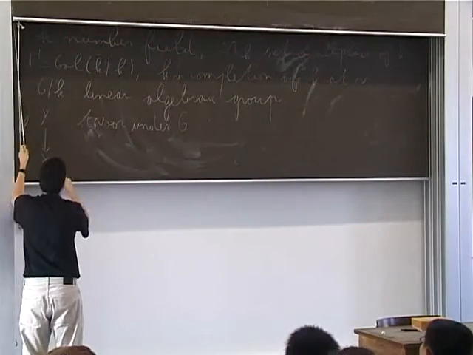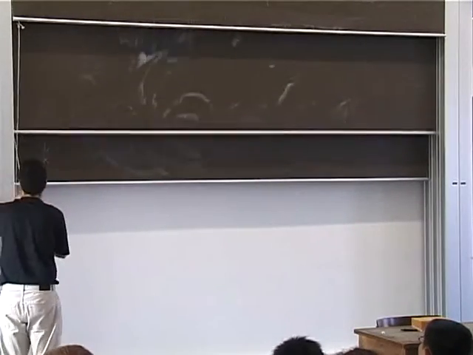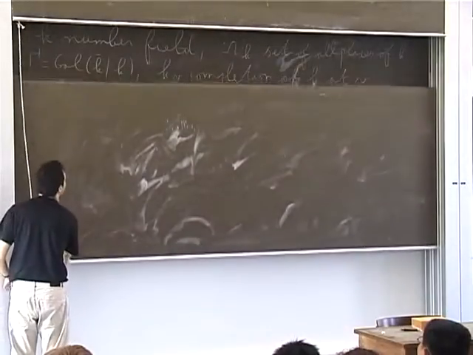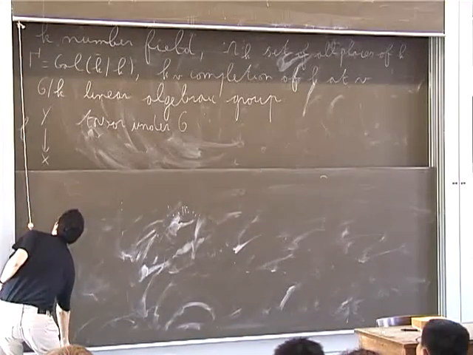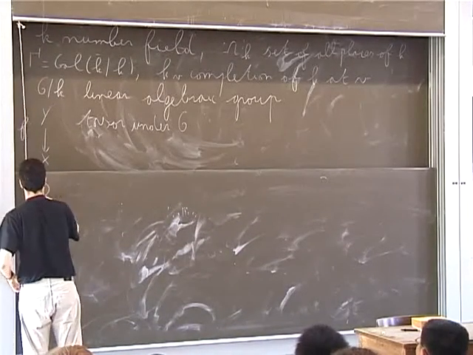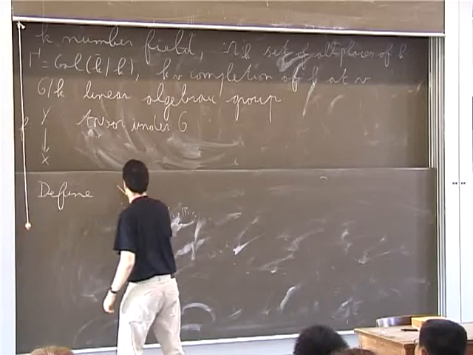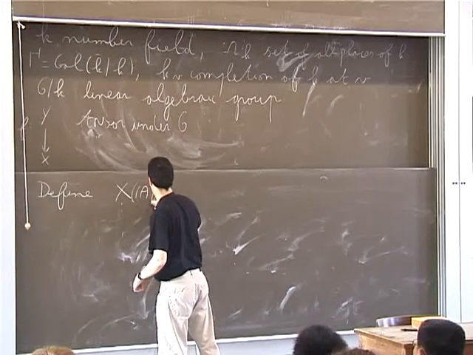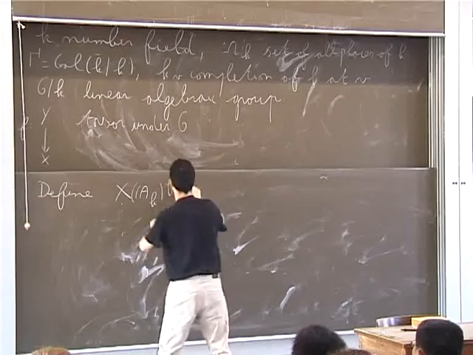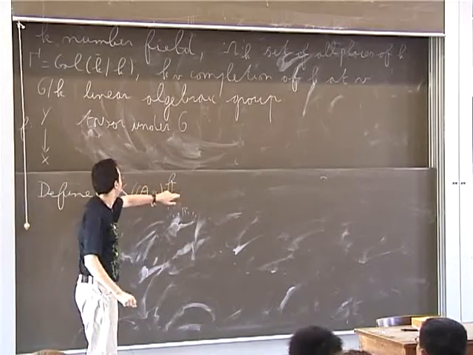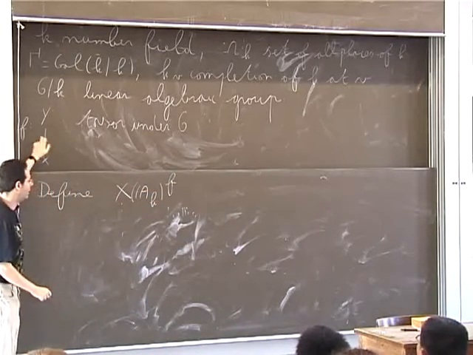And then I had defined yesterday a special set. So I define the set X of AK to the power F. So the F here refers to the F here.